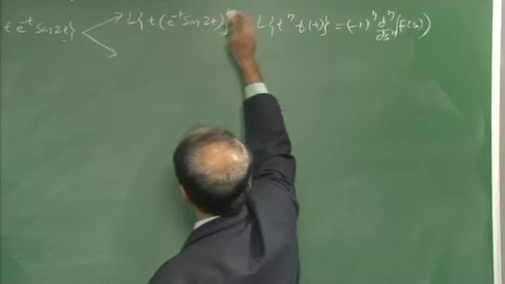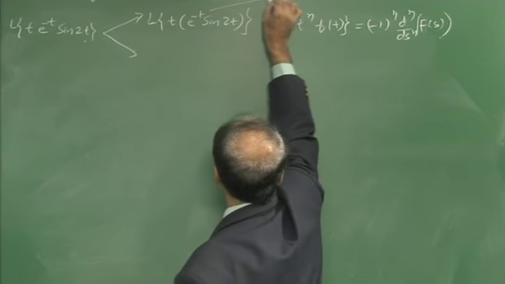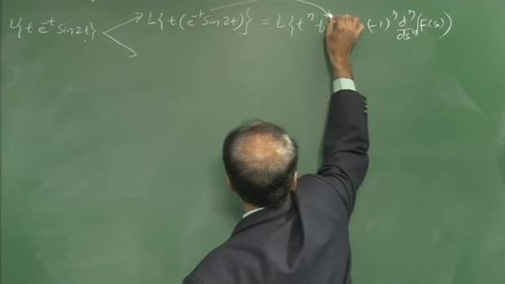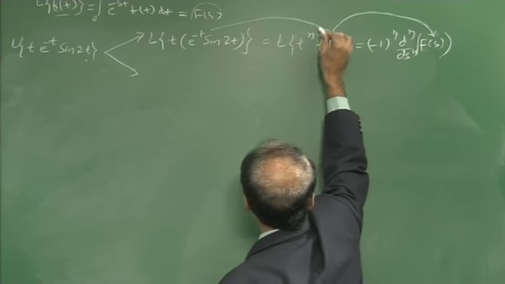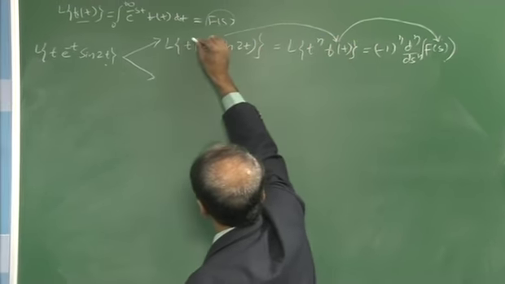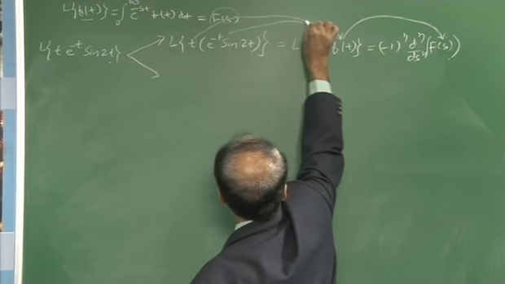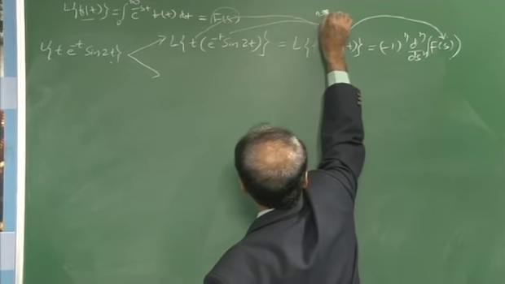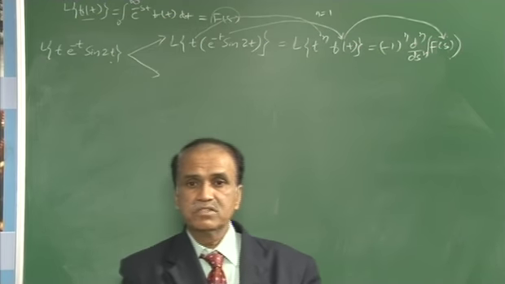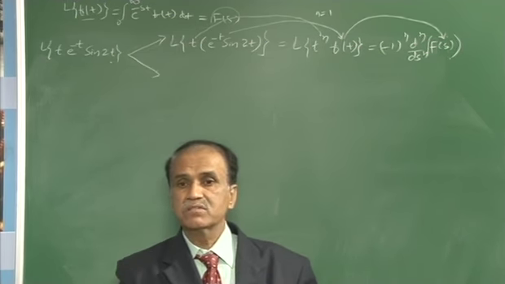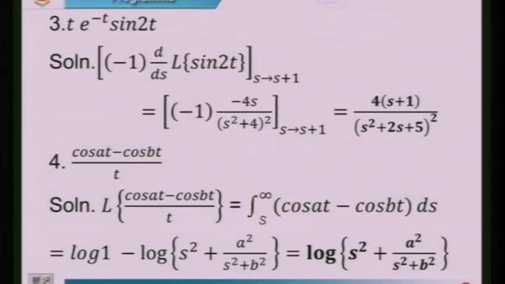Then how are we going to compare? The total bracketed quantity will be taken as f of t, and this has to be written as f of s, and this n will be equal to 1 according to this option, which you are going to select as it is, the product whatever appeared in the problem statement as it is.